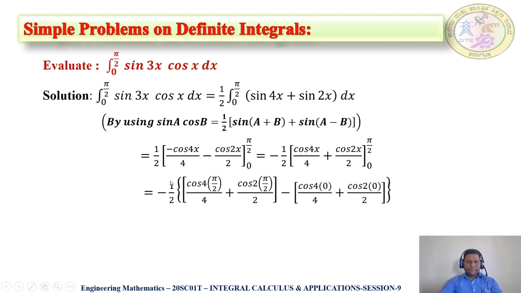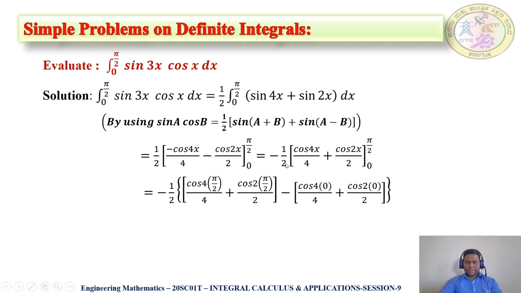So minus 1 by 2 we can keep aside, and apply the upper limit and lower limit. Upper limit is pi by 2, lower limit is 0. That is cos 4 pi by 2 divided by 4 plus cos 2 into pi by 2 divided by 2, minus the lower limit, cos 4 into 0 divided by 4 plus cos 2 into 0 divided by 2.